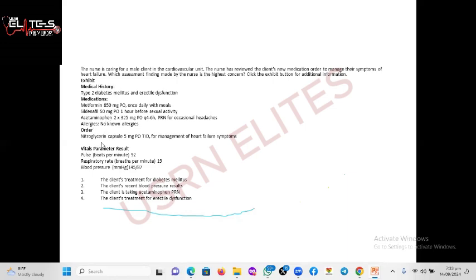The order at the moment is nitroglycerin capsule, 5 milligrams PO TID for the management of the heart failure. Vital signs: pulse is 92, respiration is 19, blood pressure is 145/87. Which of these will be of high concern? The options are the client's treatment for DM, the client's recent blood pressure results, the client taking acetaminophen PRN, and the client treating erectile dysfunction.